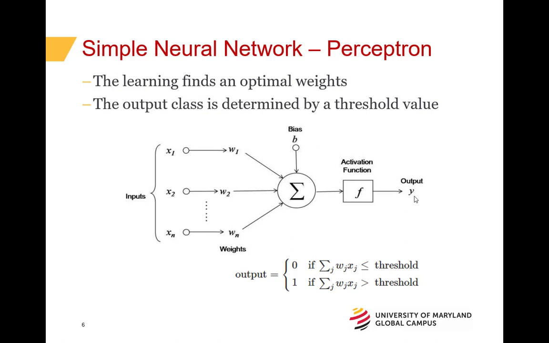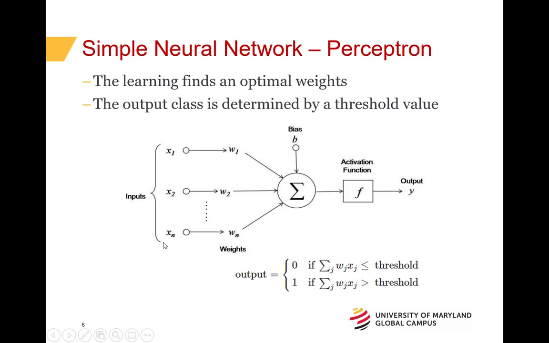So in the case of perceptron, that output is determined by a threshold. These are inputs. We have n inputs. Those n inputs are fed through a link to a mathematical function, a linear combination, by applying weights.